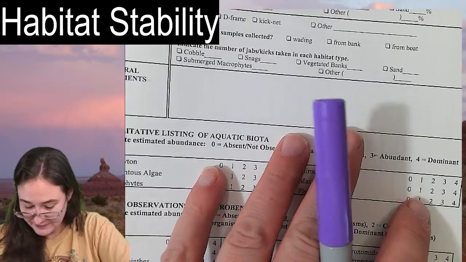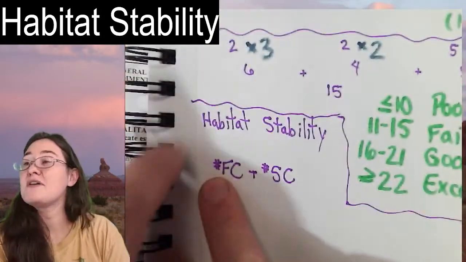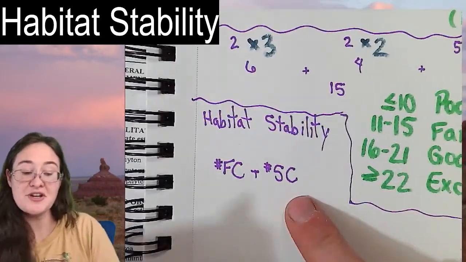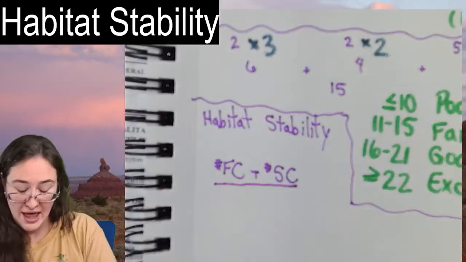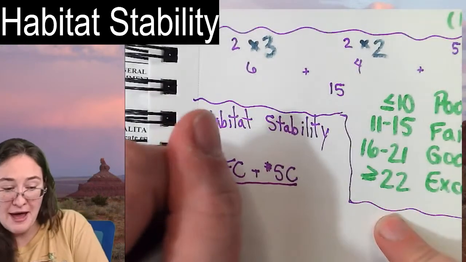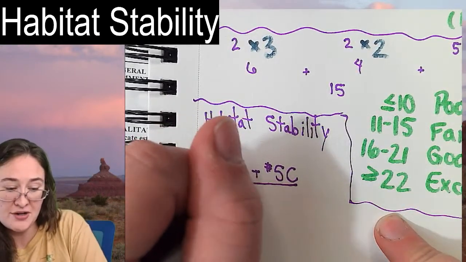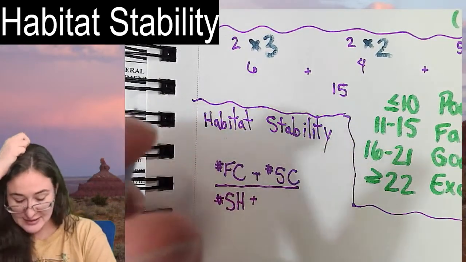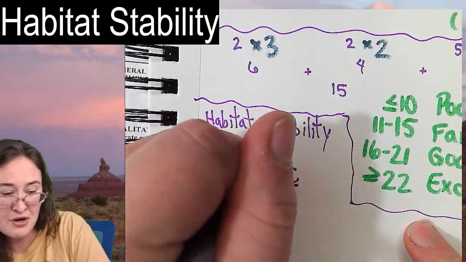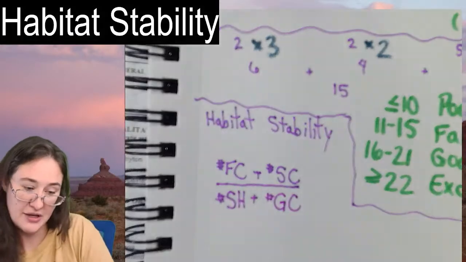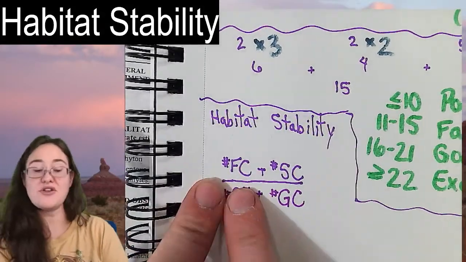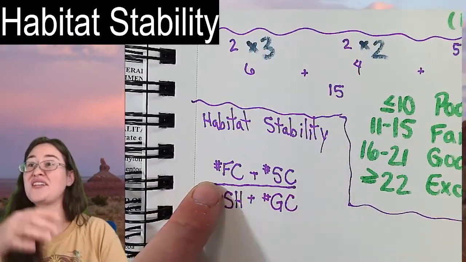Yeah. Sorry, these are filter collectors and scrapers. And then you divide that by the number of shredders plus the number of gatherer collectors.